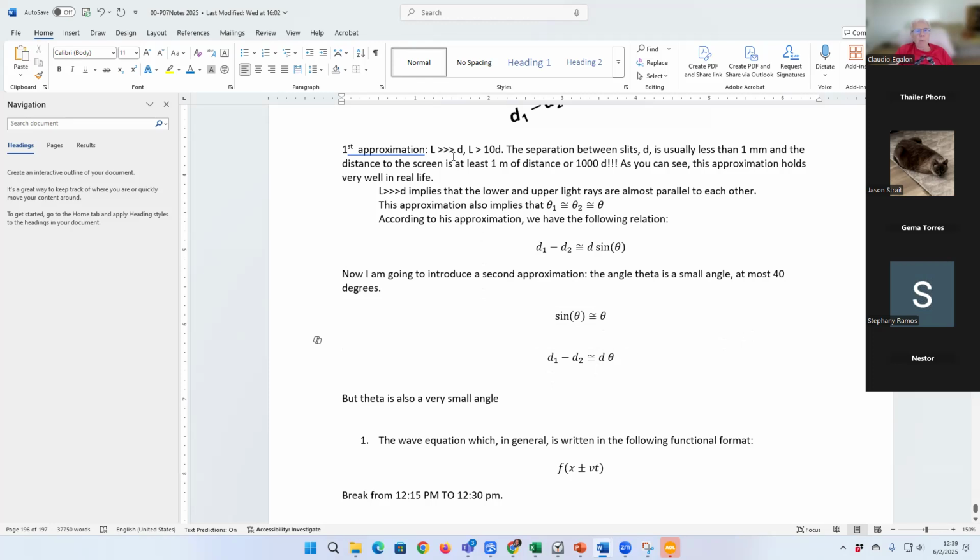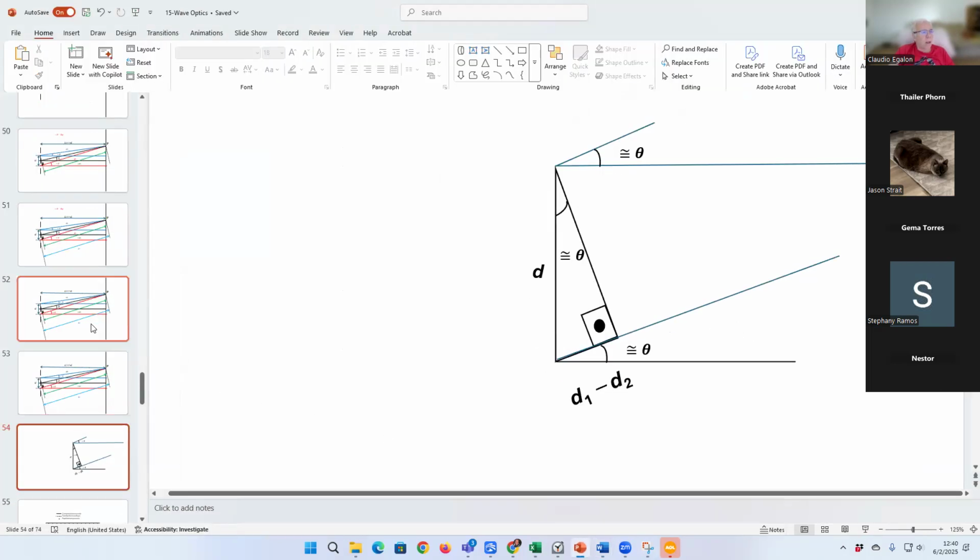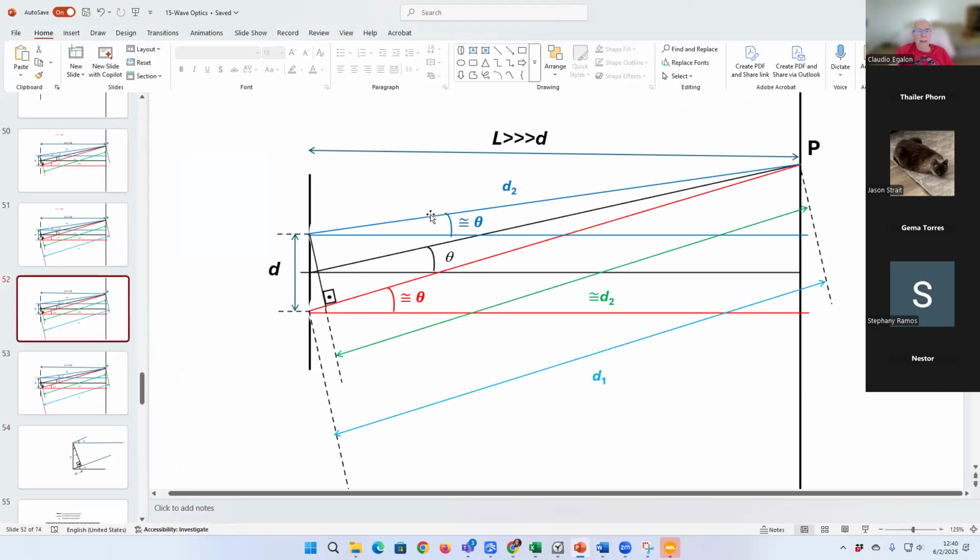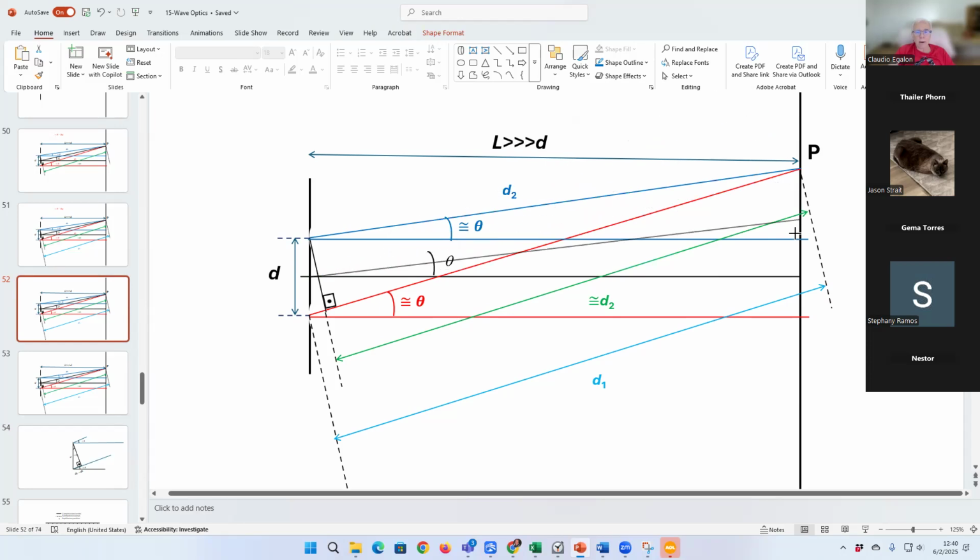Okay, so we have only 2 approximations. Okay? L much greater than D, and we are restricting ourselves to very small angles from the normal of the slit. If you want to see that, right in here you go. The angle that we are talking about is this angle here, okay? That's the angle.